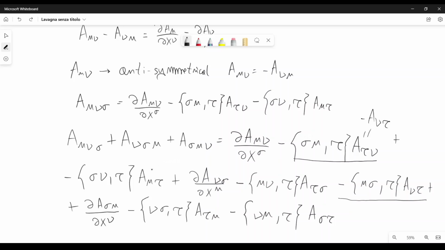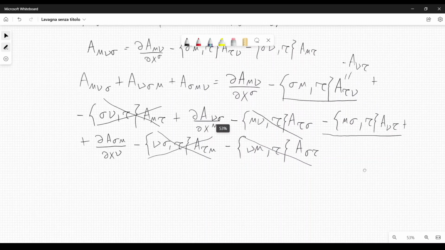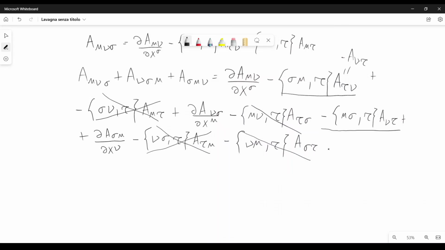Then this term will cancel another one, and this other term will cancel this term. All in all, this expression will simplify quite a lot.